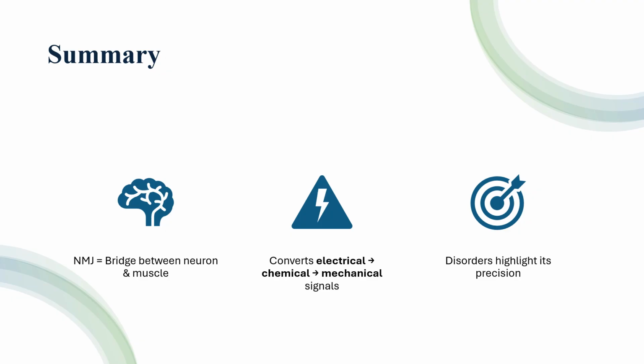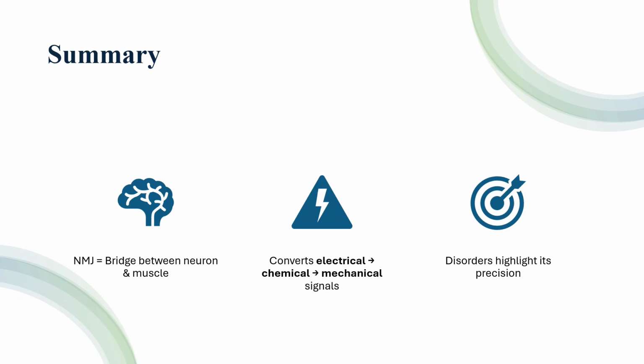If this depolarization reaches threshold, a muscle action potential is born, spreading along the sarcolemma and diving deep into the T-tubules to trigger calcium release from the sarcoplasmic reticulum. Calcium then binds to troponin C, initiates cross-bridge cycling, and the muscle contracts, leading to generation of force, and movement begins.